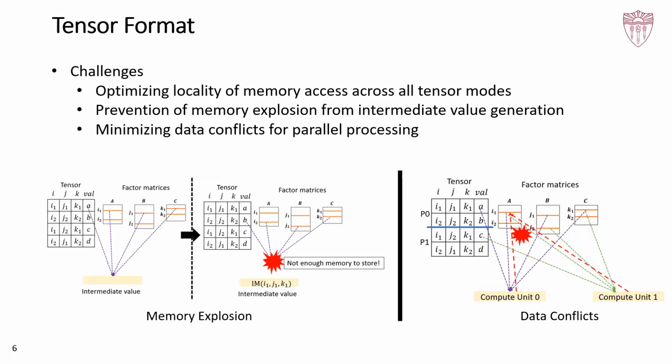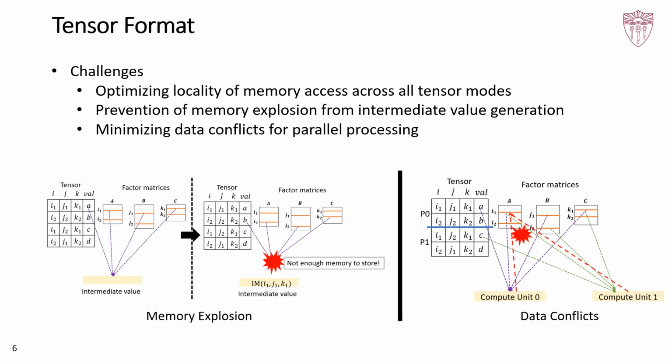The challenge with this computation is that if there are multiple compute elements that update the same row, then there can be a data conflict. So we need to avoid these data conflicts to get higher performance. Otherwise, we have to go through some locking mechanism or our final outcome is going to be incorrect.